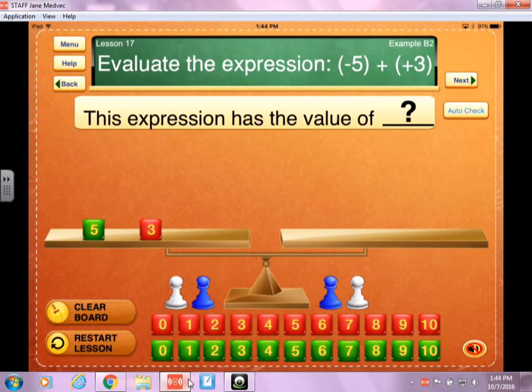I'm bringing them together. Okay, now, when they are different colors, you look at it and go, okay, which one's bigger? Is it the green one or the red one? The green one. How much more is the green one? 2. So I'm going to grab a green 2. You see that? So green 2 means that the answer is -2.